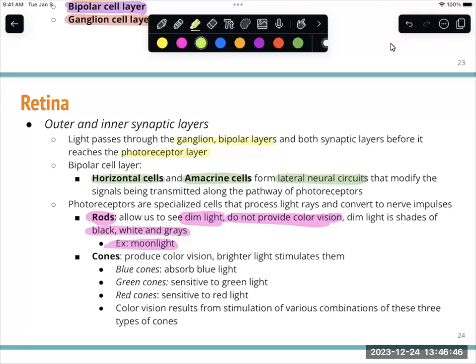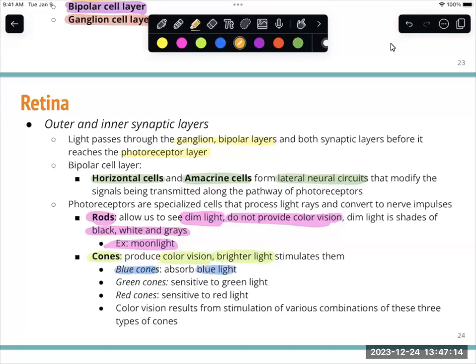The other type of photoreceptors are cones. Cones are color. So this is where we get our color vision. Rods and cones are test questions. Cones are also going to pick up that brighter light. We have blue cones for blue light.